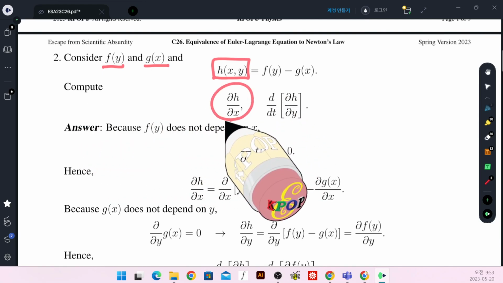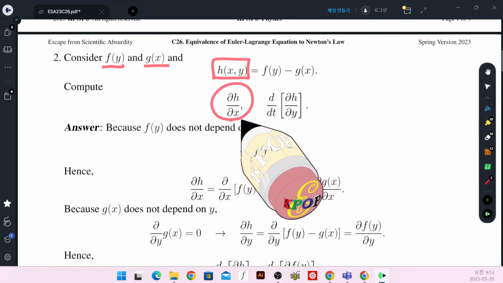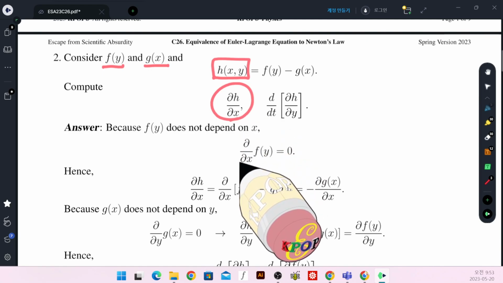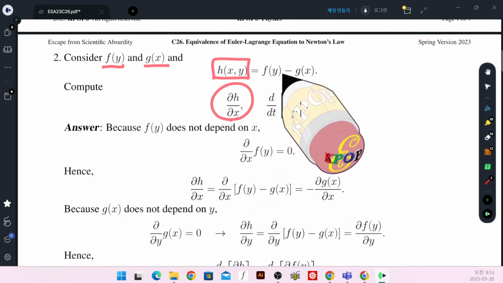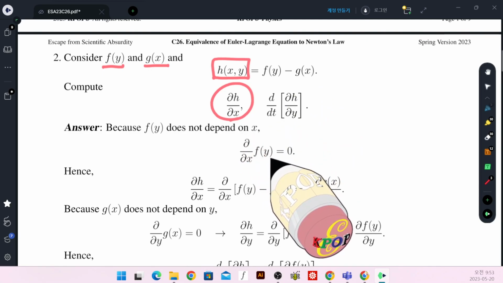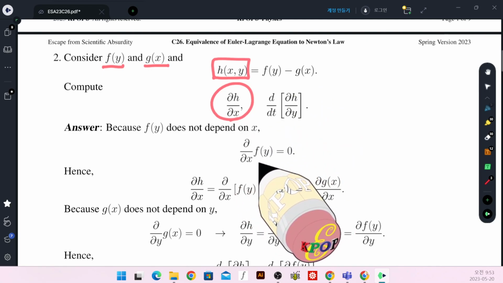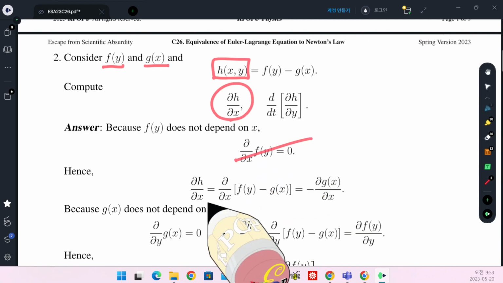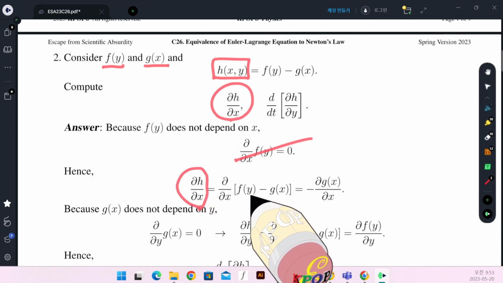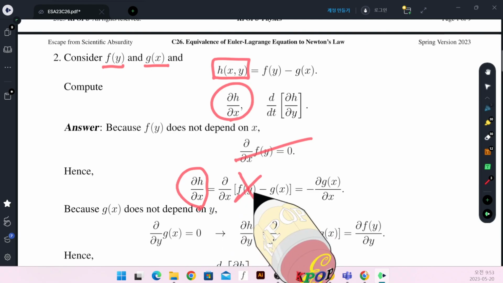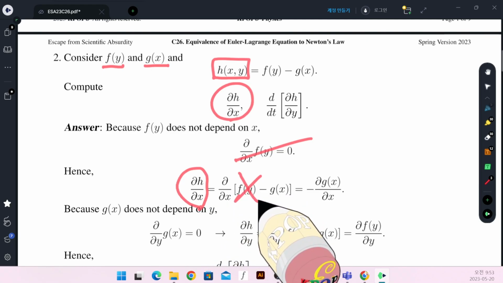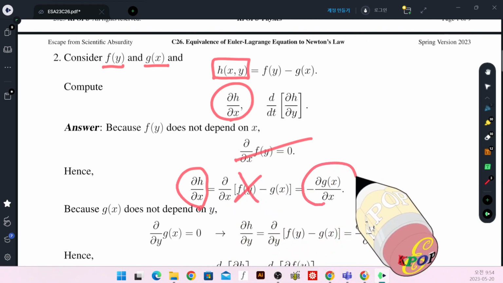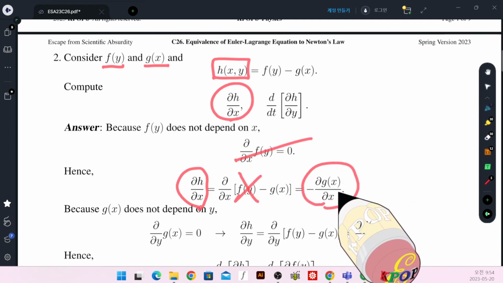Compute the partial derivative of h with respect to x. Because y is independent of x and f of y does not have x dependence, it vanishes. Therefore, in the x derivative of h, this term goes away, and we have a single contribution.